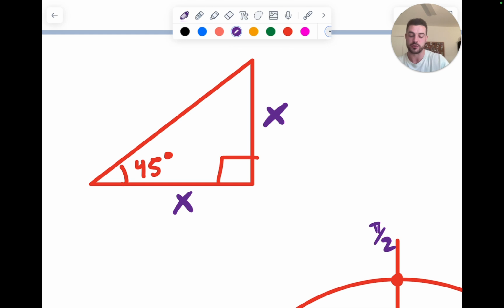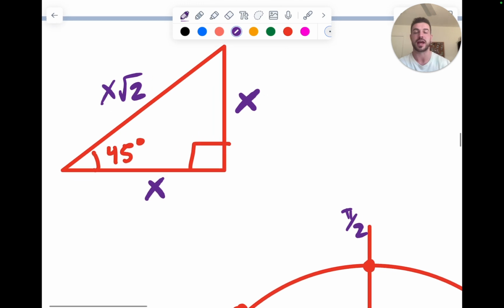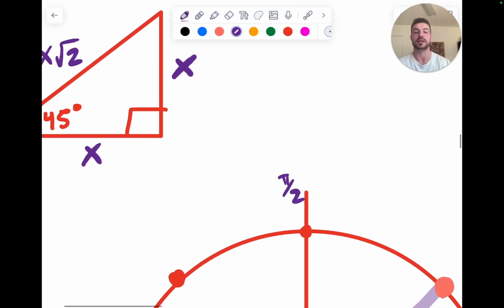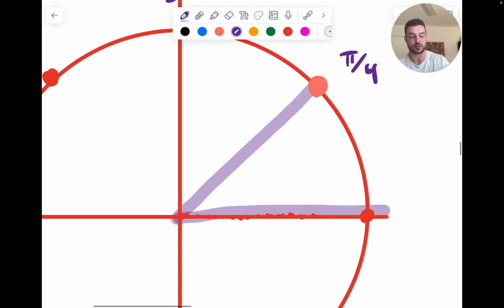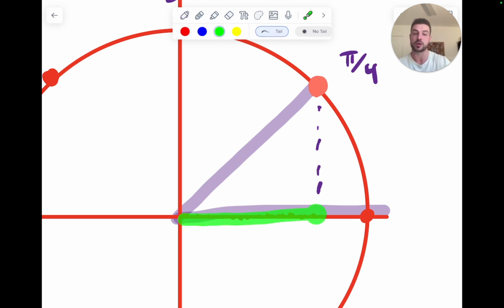Our hypotenuse is going to be x times √2. Those are the rules of a 45, 45, 90 triangle. Using that information, we can figure out what the values would be in our unit circle. We could find how far to the right we're going, which is our x value, and then how high we go, which is going to be our y value.